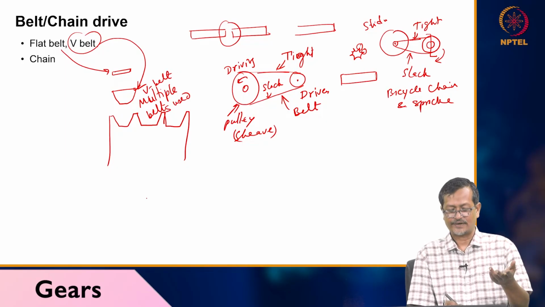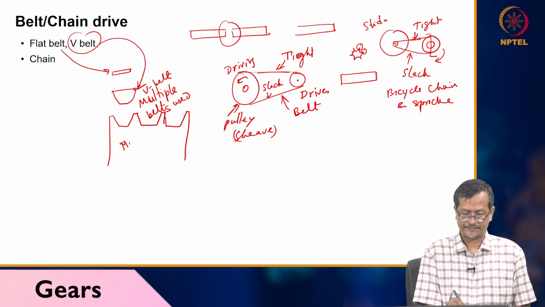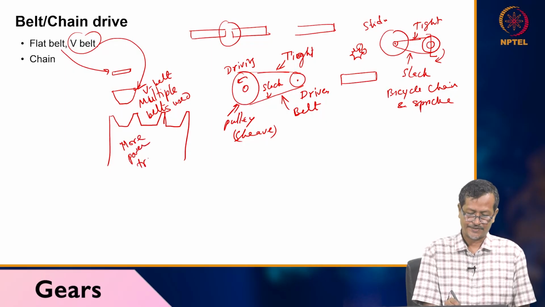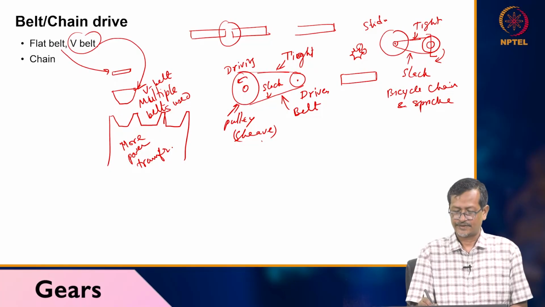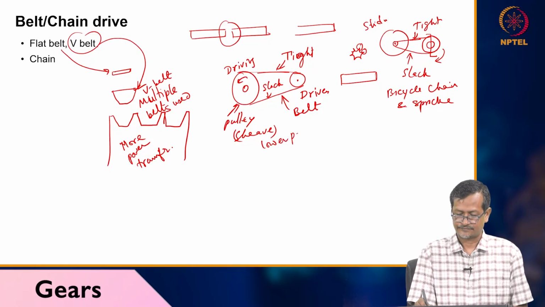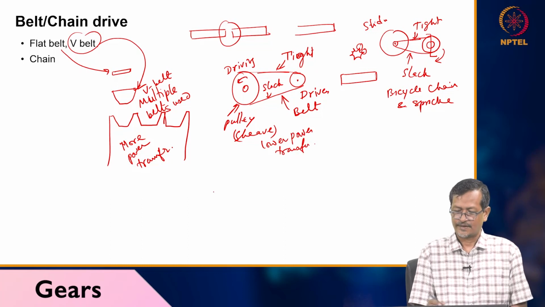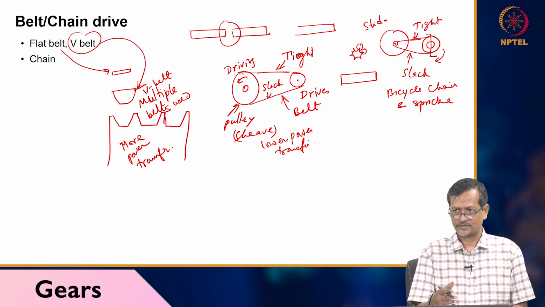Okay, so V belt will have more power transferring capability, and flat belt lower power transfer. And some sliding or slipping also is allowed in this case.